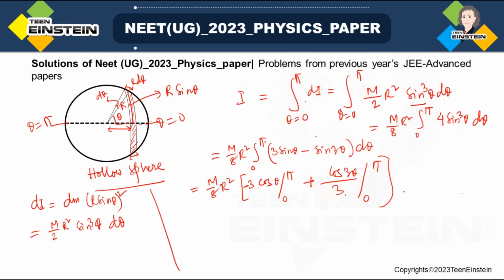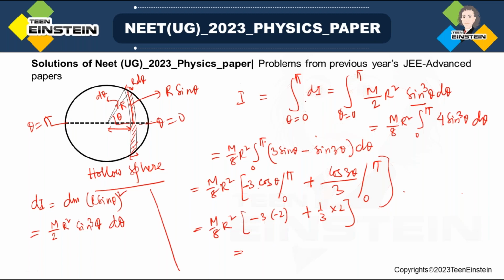If we put the limits properly and find the values, cos of 0 degree is 1, and cos of pi is minus 1. Then this is minus 3 times minus 2, and here plus 1 by 3, and here it will be again minus 2.